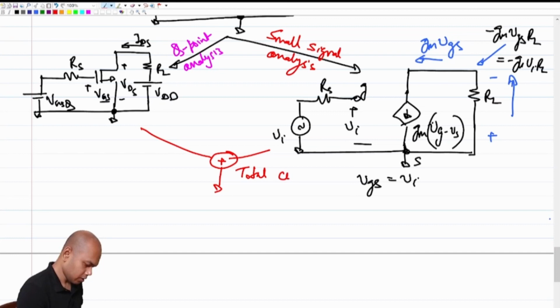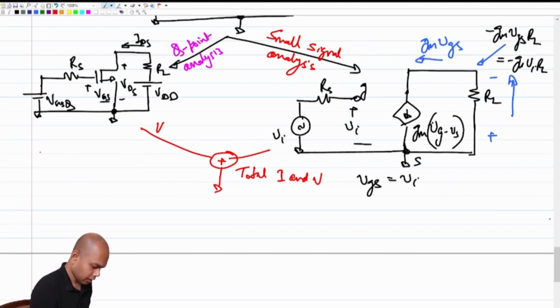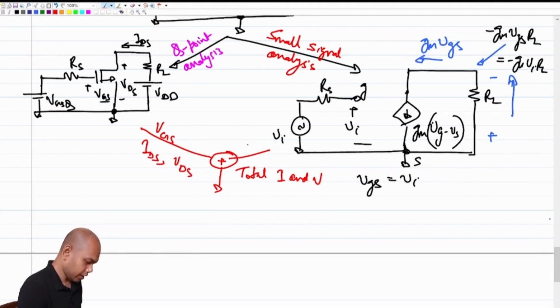Total invariables: you have to find out VGS, IDS, VDS, and you total them.